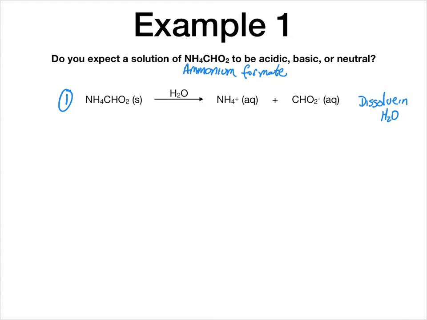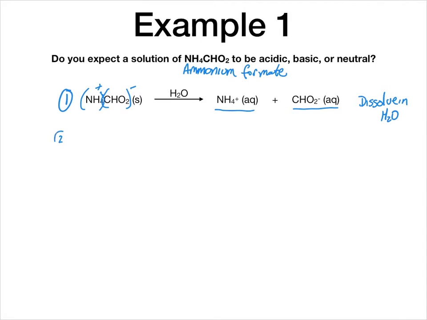And so this salt is made up of the ammonium ion and the formate ion. And so whenever the salt dissolves in water, it breaks up into the NH4 plus, the ammonium ion, and the CHO2 minus, the formate ion.